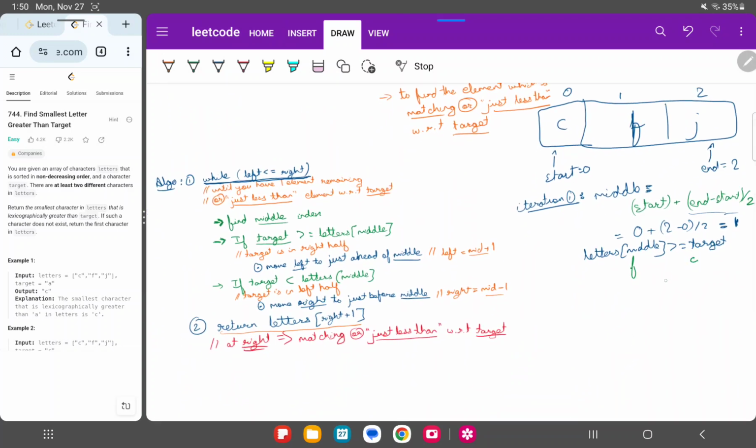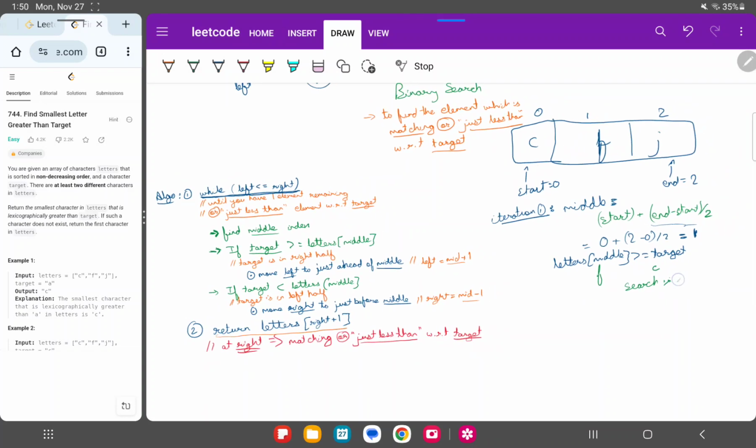So that means we have to search in the left half.